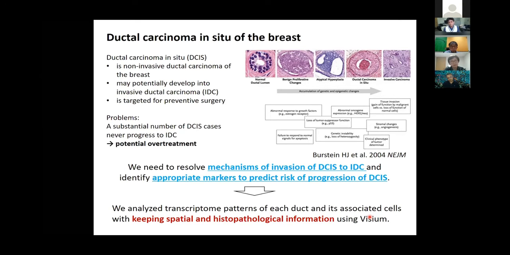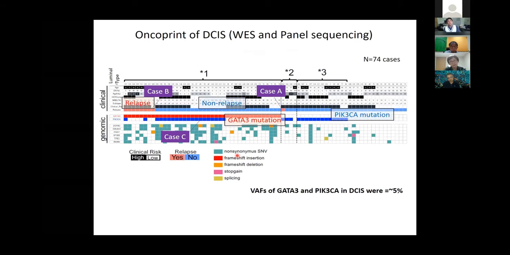So, okay, here. This is the mutation spectrum of DCIS. We have analyzed so far 74 cases, and the mutation spectrum showed up like this. And some cases relapse, even though DCIS is generally non-invasive, and mostly the patients' outcomes are relatively benign.